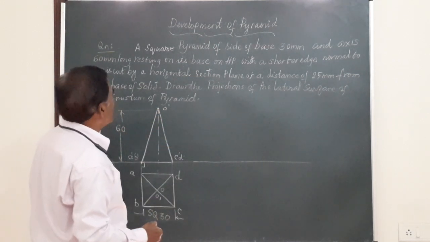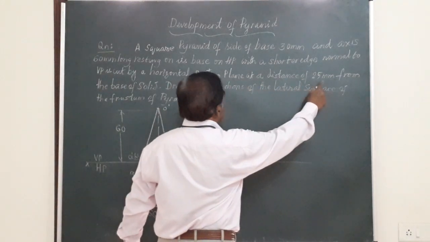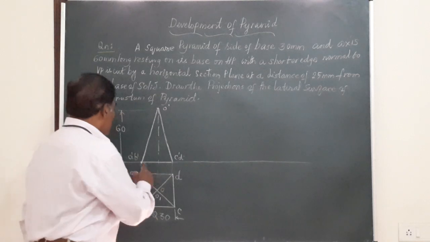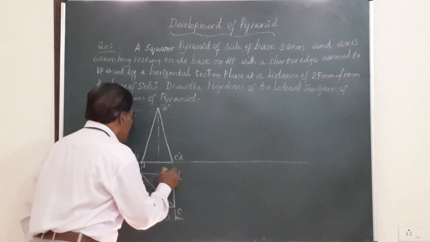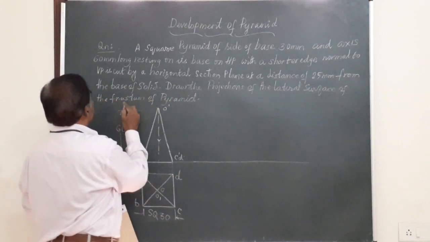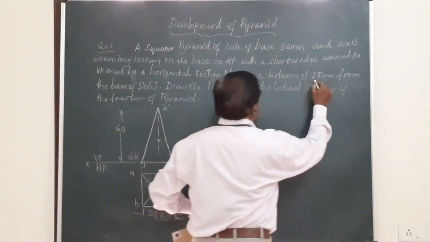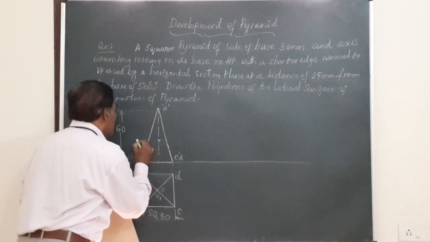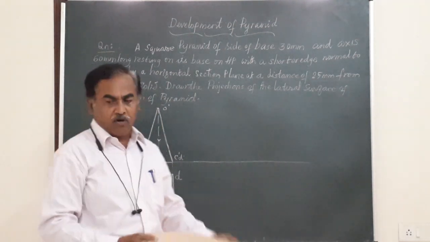So where does it pass through? It passes at a distance of 25 millimeter from the base of the solid. The base of the solid is this line. From there you mark a distance of 25 millimeter. It is given here, 25 millimeter from the base. Base is this edge. So mark the section plane passing through that.